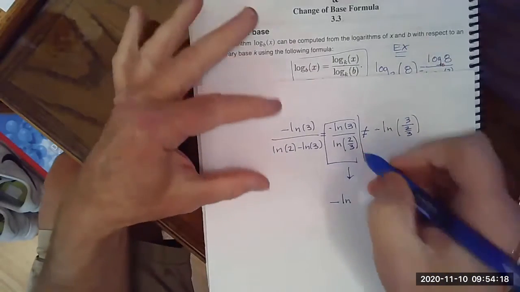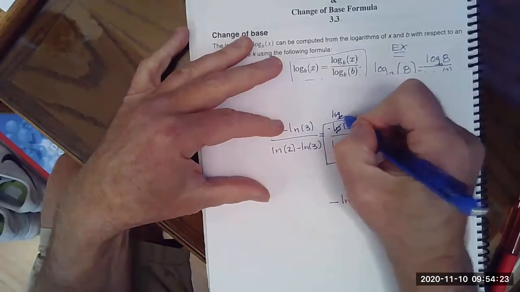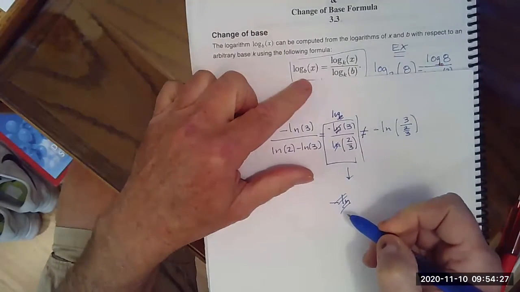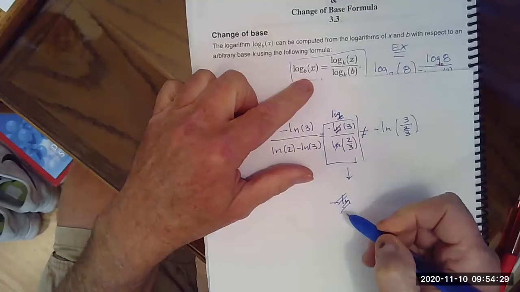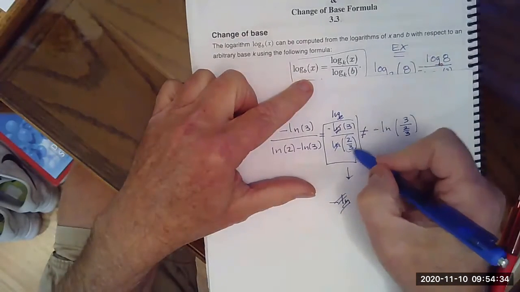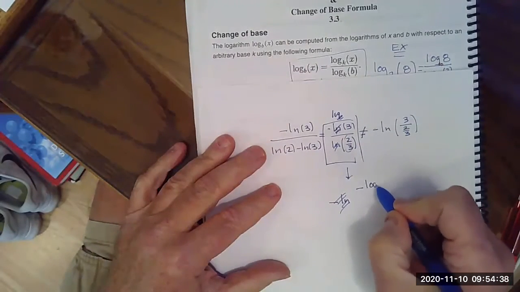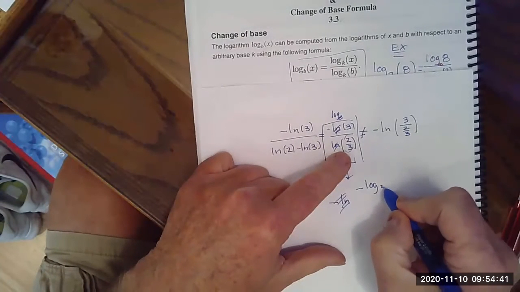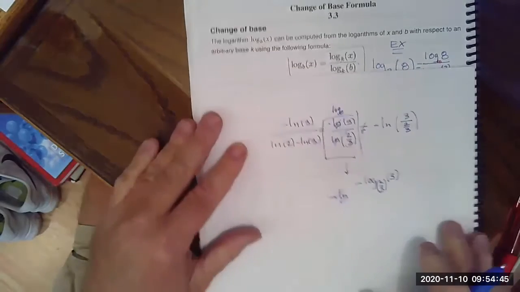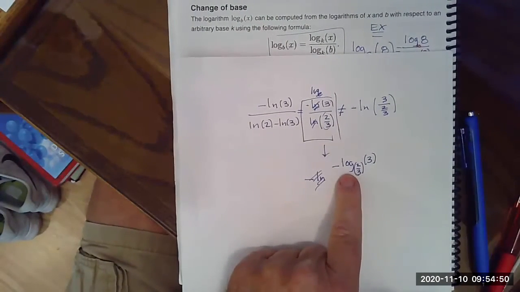This is log base E right there. Log base this of that. I think I got it. Negative log base 2/3 of 3. That would be interesting if that gives me my, oh, that's going to be a negative though.